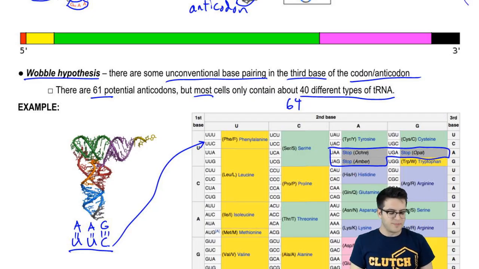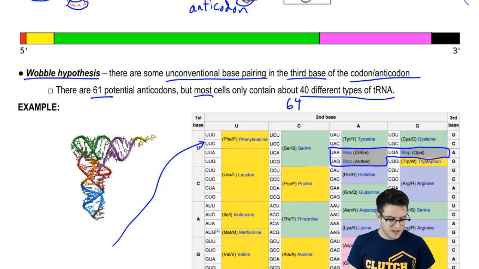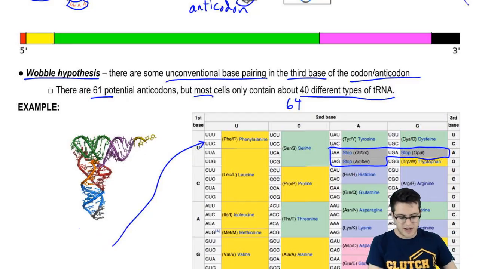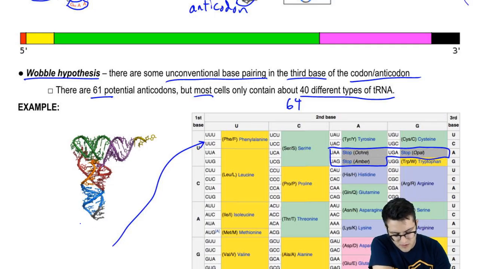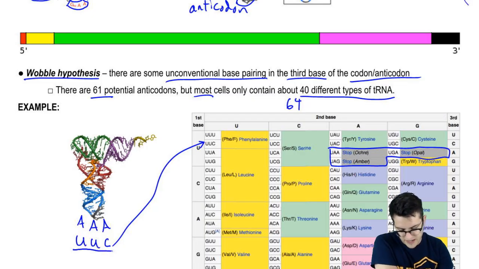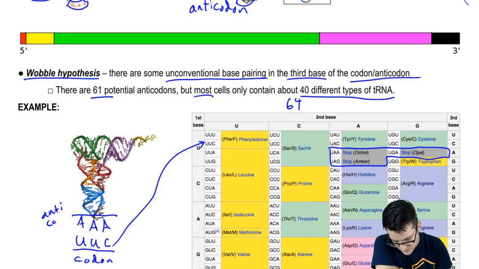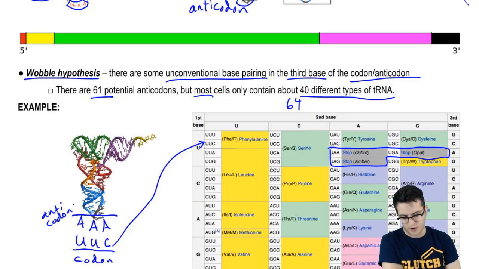What the Wobble hypothesis is all about, though, is the fact that, let's say that in our tRNA, the only tRNA for phenylalanine we have is actually one that has an anticodon of AAA. So we know that UUC is our codon, right? Here, that's our codon. And now our anticodon is no longer a perfect match.